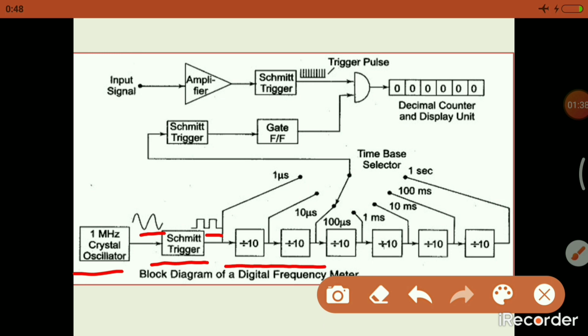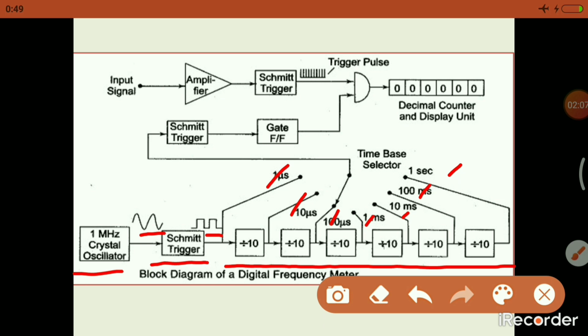After that, dividers are used. So these are the 6 dividers. The function of these dividers is to divide the time duration of the waveform into 6 parts: 1 microsecond, 10 microsecond, 100 microsecond, 1 millisecond, 10 millisecond, 100 millisecond, 1 second. Now, what is the advantage of this divider? It is used for accuracy.